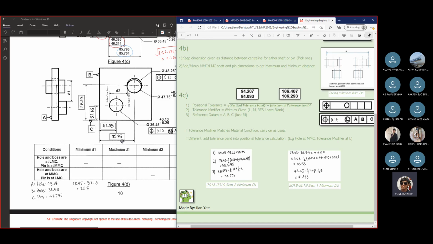So now we got this value, 25.8. That's not really visible, but 25.8 is that distance. Now let's add the boss.